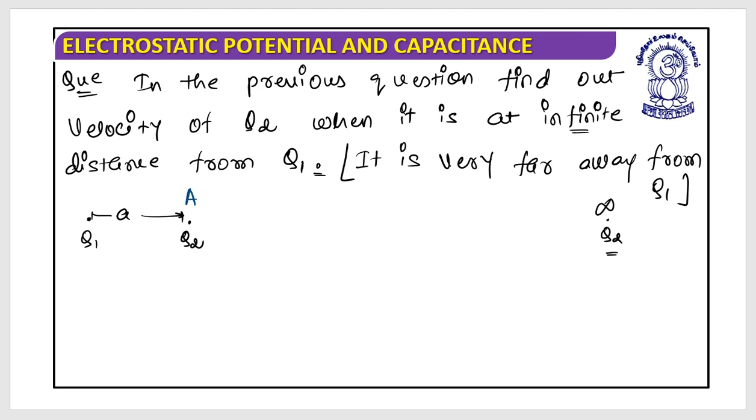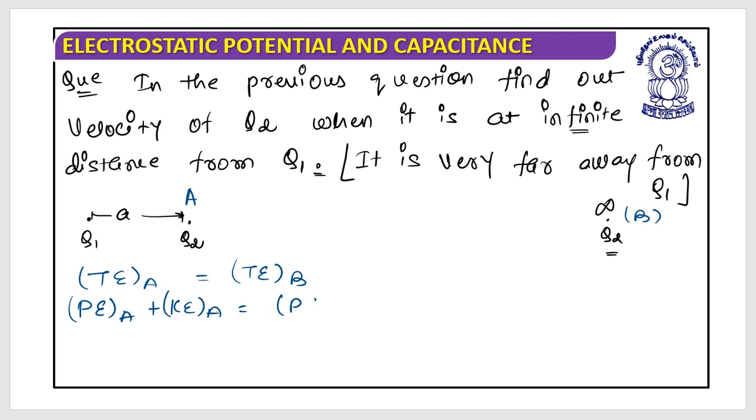It's a, it's b. So I can write total energy at a must be equal to total energy at b. I hope this is clear. Now when I mean total energy, I am always interested in potential energy plus kinetic energy. So this is PE plus KE at a, that should be equal to potential energy plus kinetic energy at b.